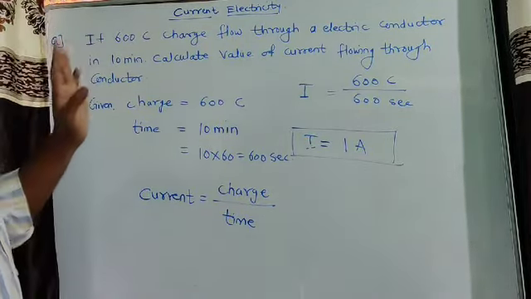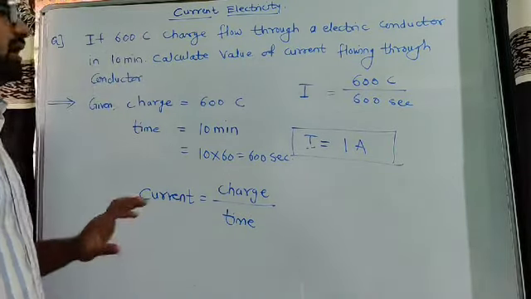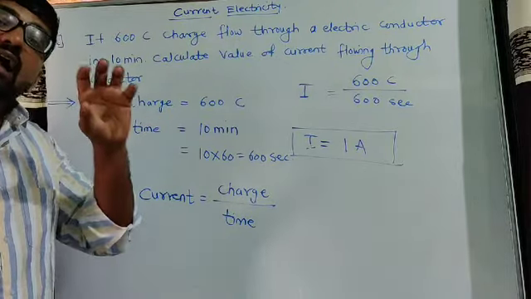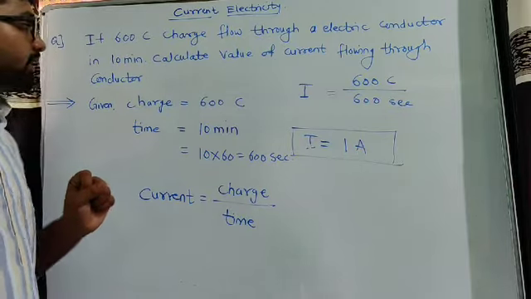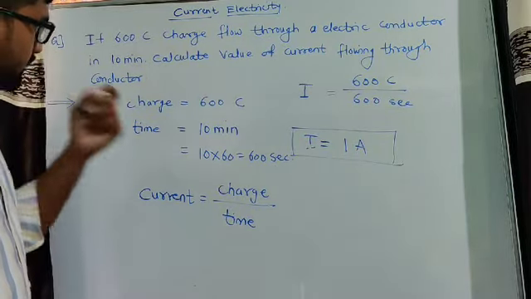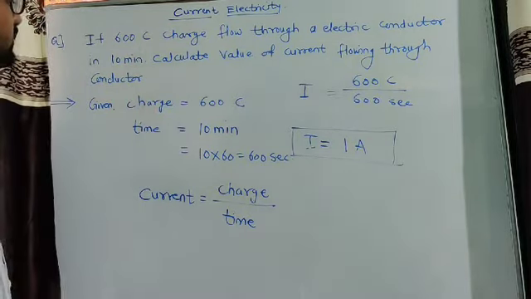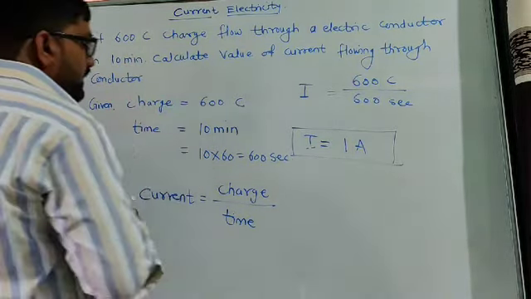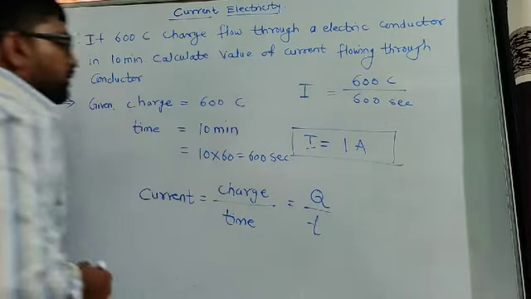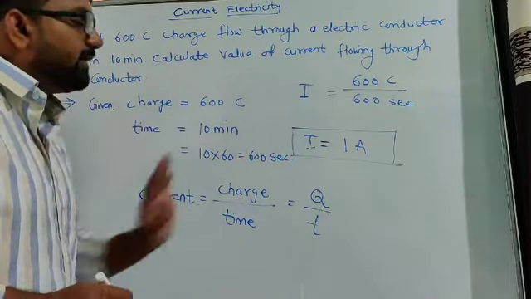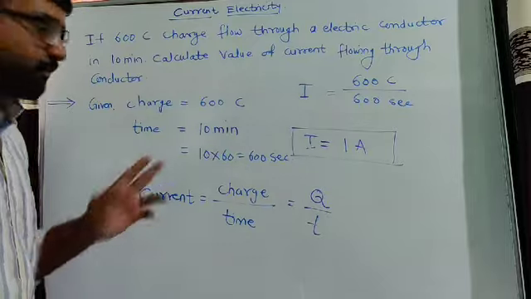So here look at what is given in this formula. If 600 coulomb charge, first of all charge is given, coulomb is the unit of charge. Okay, so here 600 charge, which is also represented by letter Q. So here we write Q divided by T. Charge is represented by capital Q. So charge is equal to 600 coulomb, that is given.